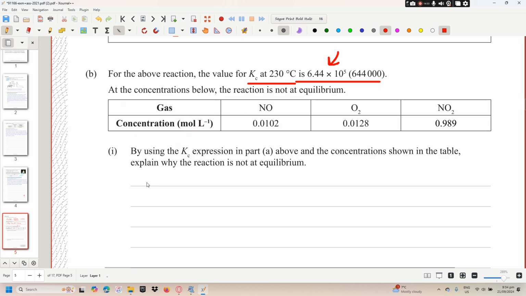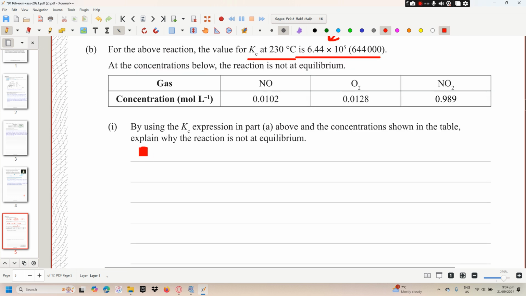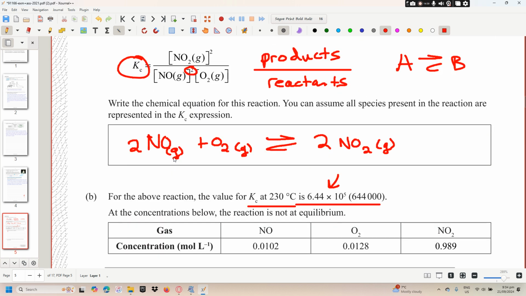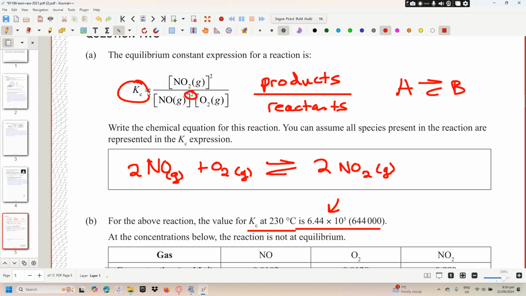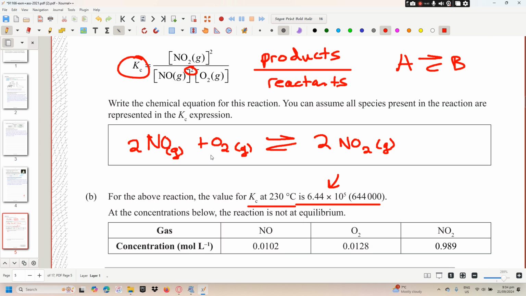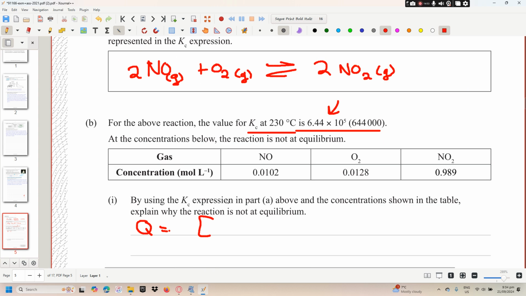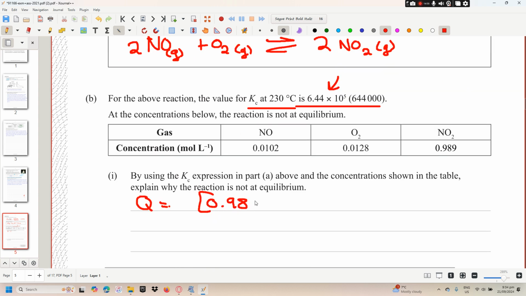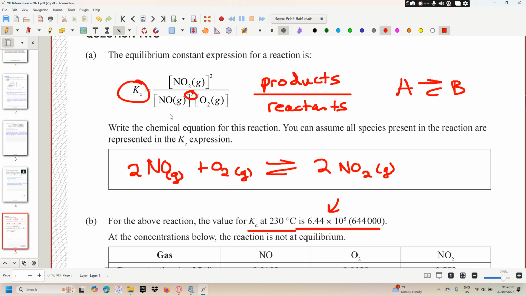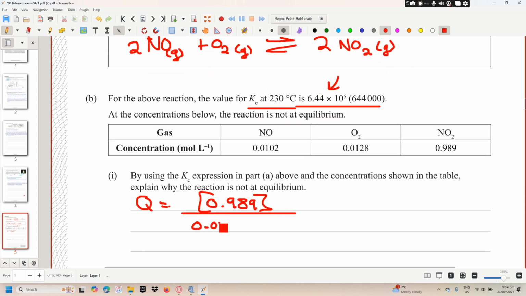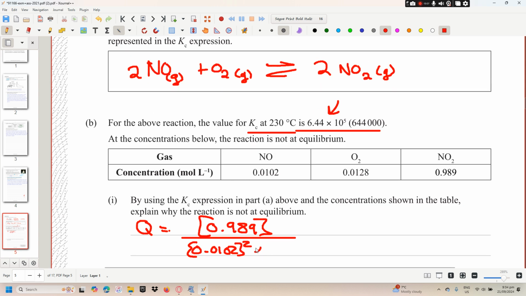Okay, well, you just need to find Q. Q is like Kc, but Q is an instantaneous measure. So in this case, it's the Kc expression, and you sub the values in: 0.989 divided by NO, 0.0102 squared, times 0.0128.